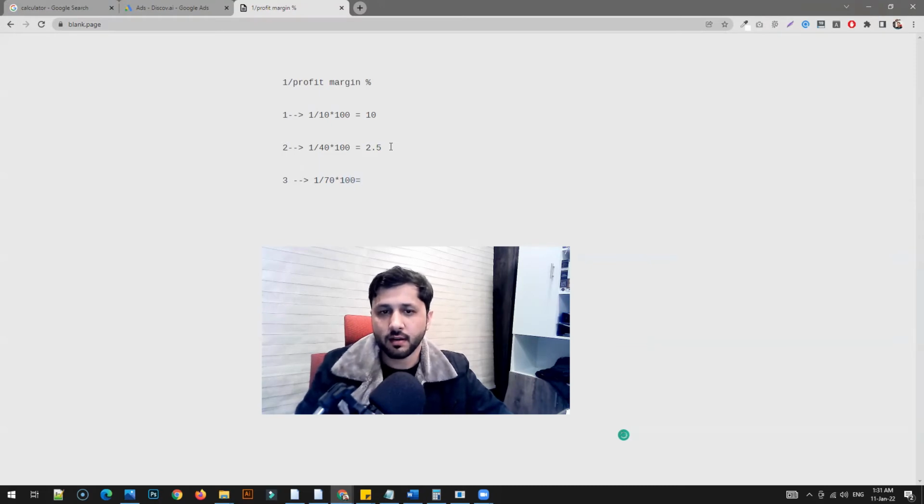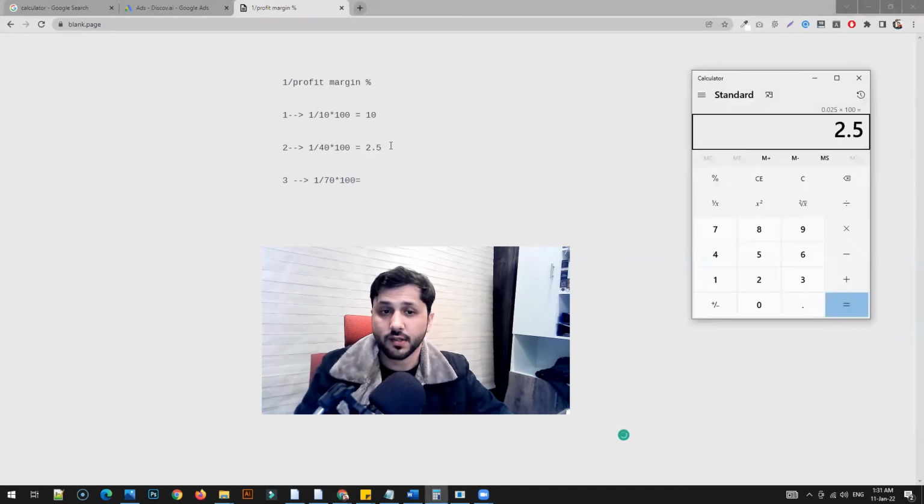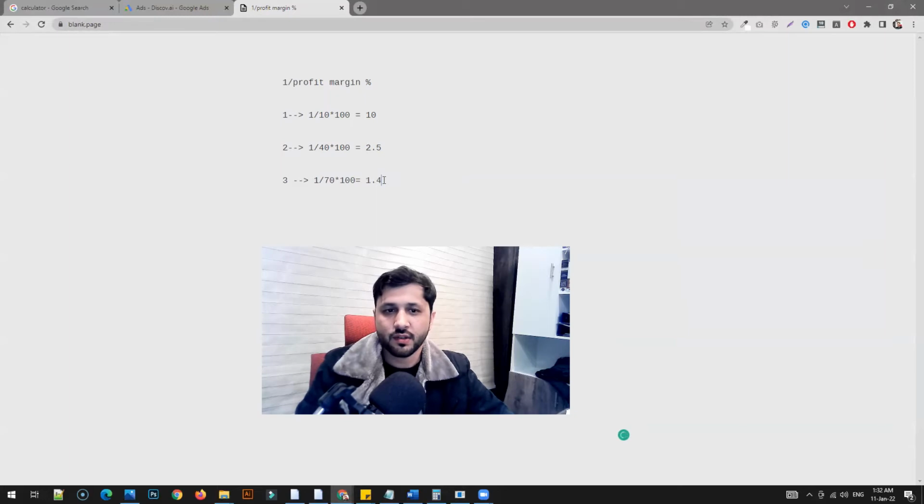So their target ROAS is going to be 1 divided by 70 times 100, which is 1.4. So you see, there's a huge difference as far as the profit margin and the corresponding target ROAS are concerned. The lower the profit margin, the higher the break-even target ROAS is going to be.